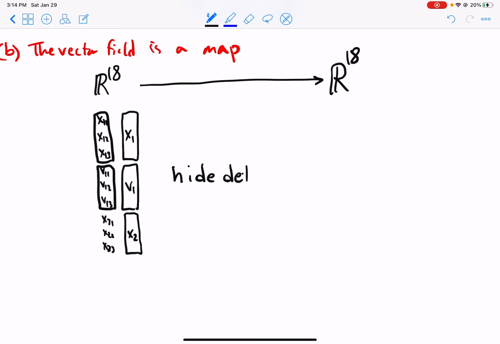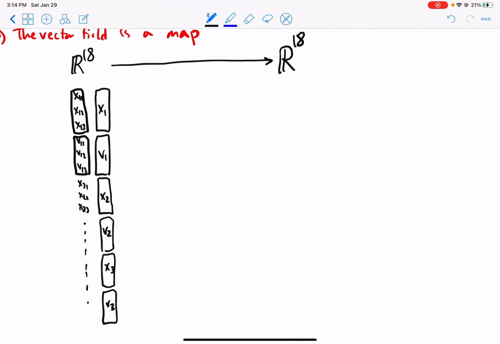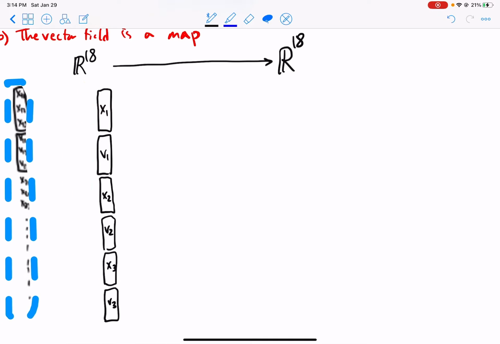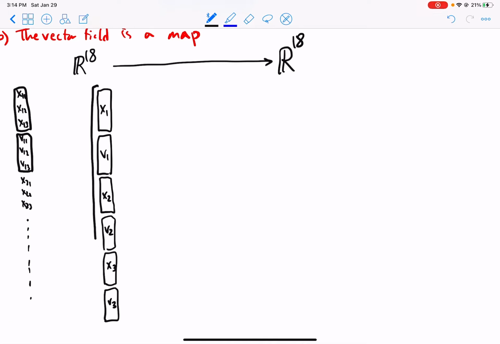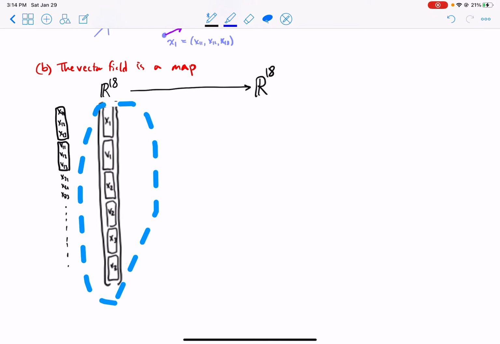It will help me. I need v2, 3 numbers. I need x3, which has 3 numbers. And v3 has 3 numbers. I could keep going, but I'm not going to. So now what I have here is a single 18-dimensional vector. This just somehow helps me remember that it's an 18-dimensional vector.